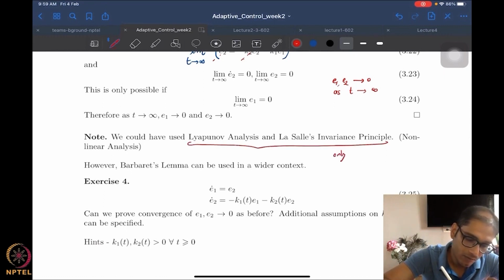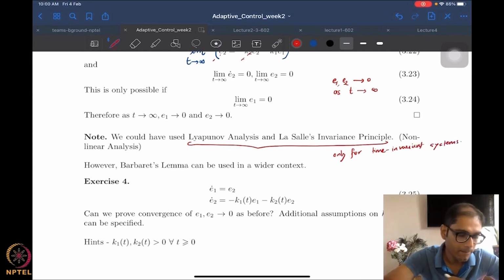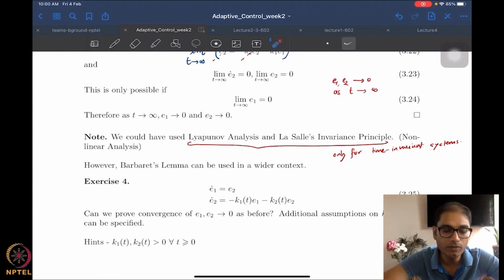only for time invariant systems. Of course, there are modern versions which work for some sort of time varying behavior, but they're not all encompassing.